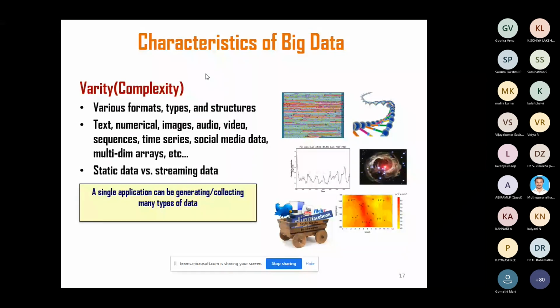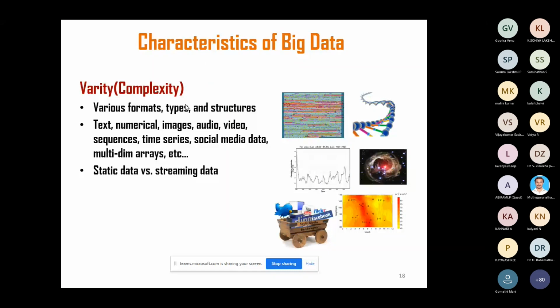Also, the data is not being generated from a single application. That is another important point, which means the source of data is not only one application. Data may be populated from different sources for a single application.